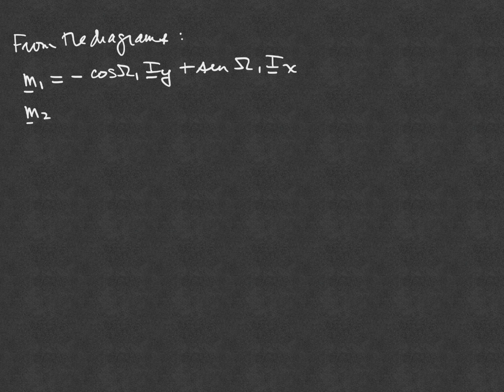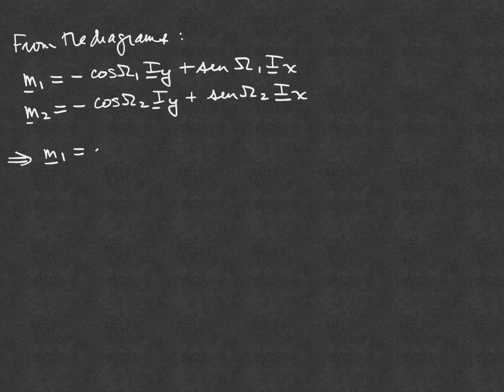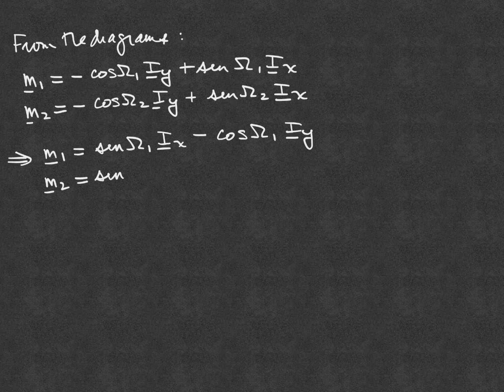And similarly, m2 is equal to minus cosine of omega 2 times IY plus the sine of omega 2 times IX, which, if we put these in the correct order, gives us sine of omega 1 IX minus cosine of omega 1 times IY, and m2 is equal to sine of omega 2 times IX minus cosine of omega 2 times IY.